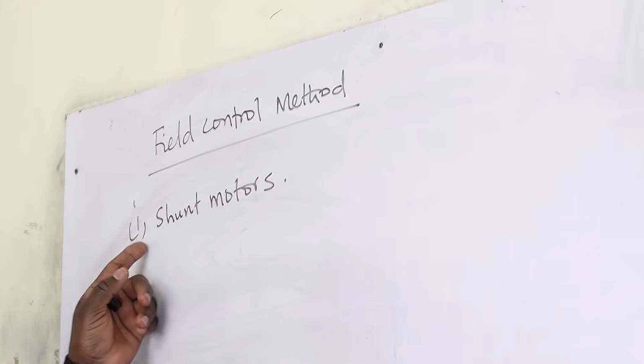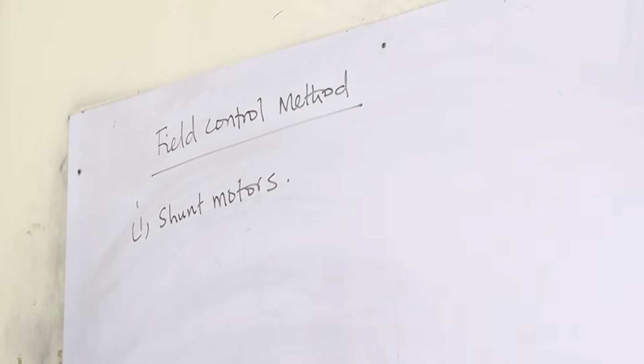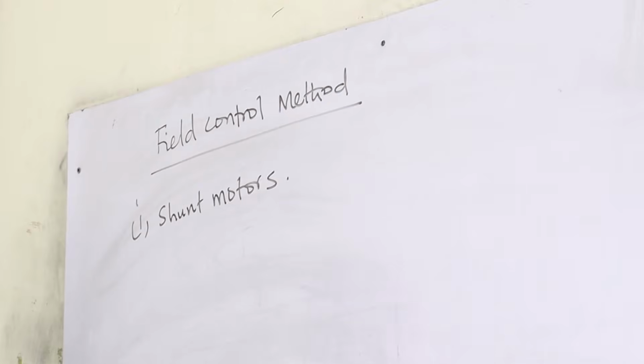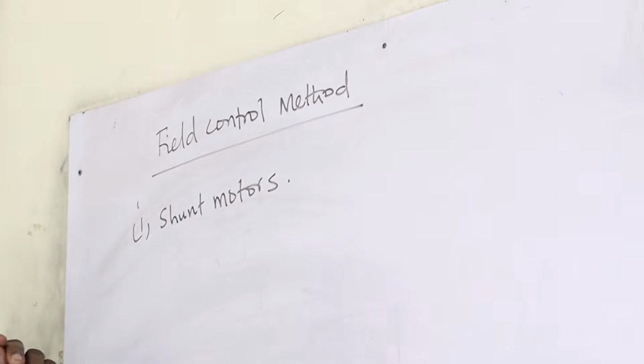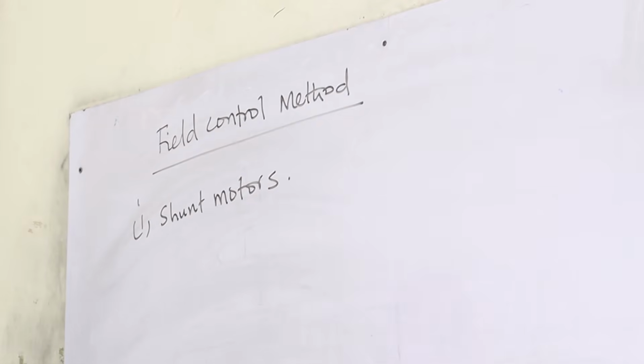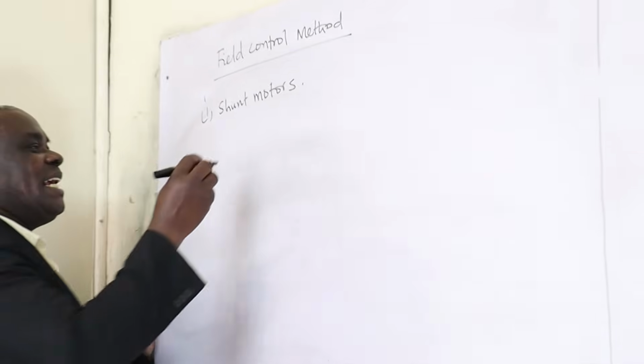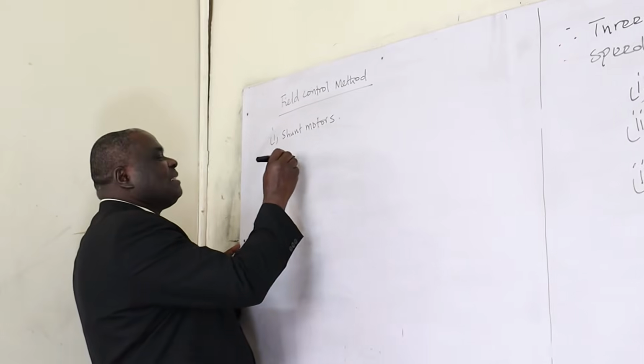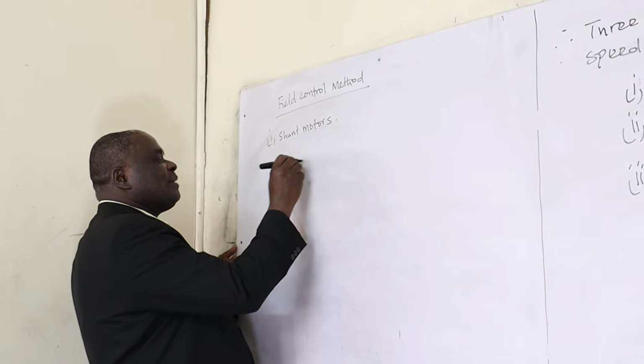In field control method for shunt motors, a rheostat is normally inserted in the field circuit of a DC shunt motor, as can be shown in the diagram below.